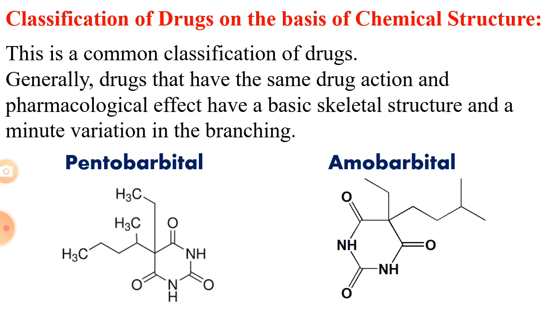So we can classify drugs according to their chemical structure. This classification has a chemical approach, and drugs which have a common skeleton are grouped together in the same class, like penicillins.